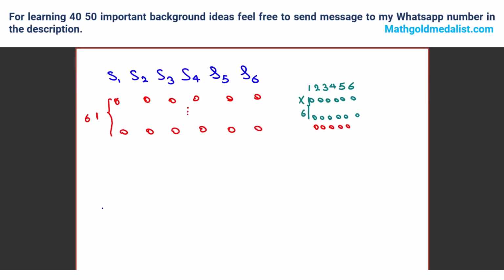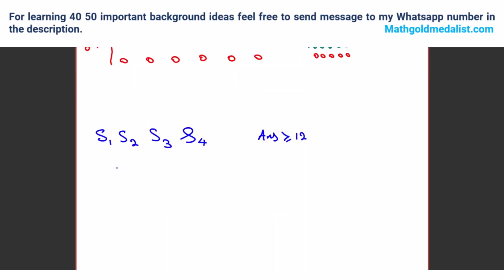So for S1, S2, S3, S4, we wanted to prove it's at least what? Answer is at least 12. Let me tell you the approach I want to use here. We know the number of elements that are in 4 of them is a multiple of 4, right?